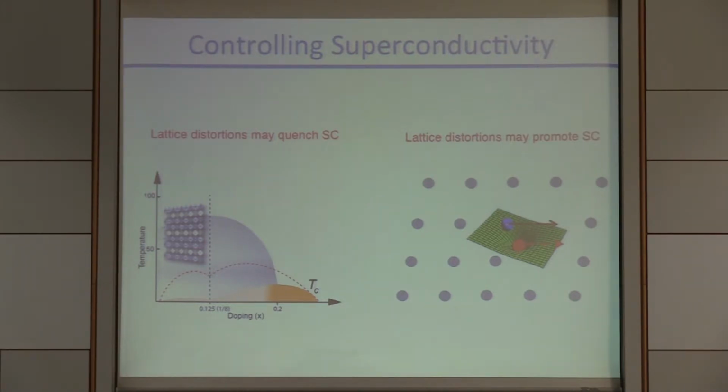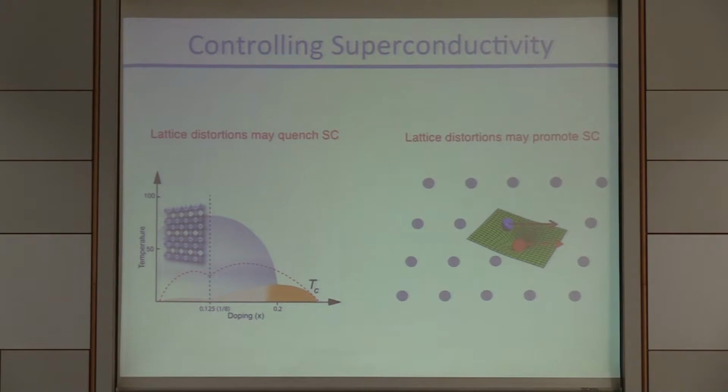Right, controlling superconductivity. We want to take a superconductor, and instead of shining light to destroy the superconductor, which seems to be a very popular activity in my field, I would like to shine light to improve the superconductor. There are at least two reasons why this might be possible. Reason number one is that in some cases, for example in the cuprates, which is going to be the first part, at some specific dopings, for example 1/8 doping, one has specific density waves coupled to frozen phonon distortions that quench superconductivity.